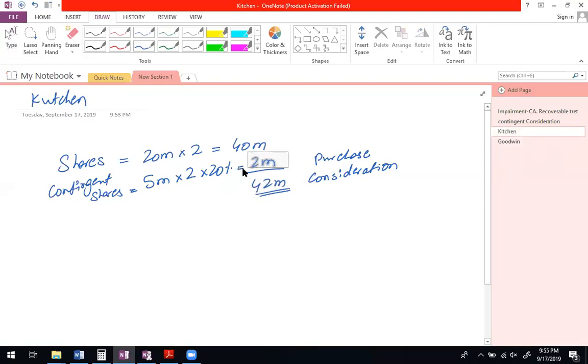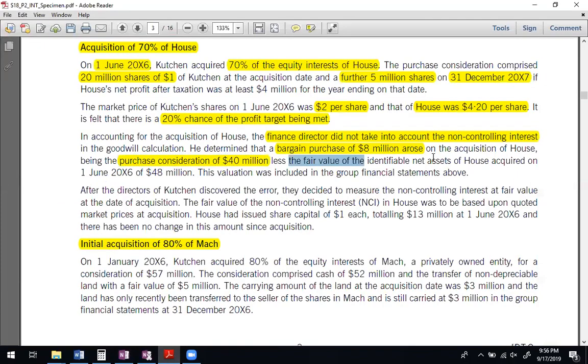So the finance director has not included this 2 million in the goodwill, less the fair value of the identifiable net assets of house on acquisition of $48 million. So here we use the value of 40 minus 48 to get a negative goodwill of 8 million. This valuation was included in the group financial statements above. Although this value is incorrect, so we need to correct that. Let's read further and then correct it once and for all.